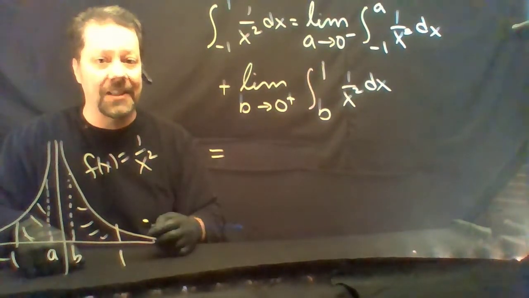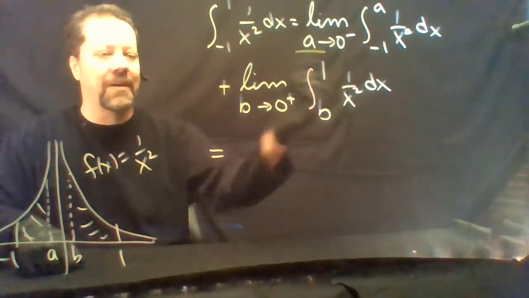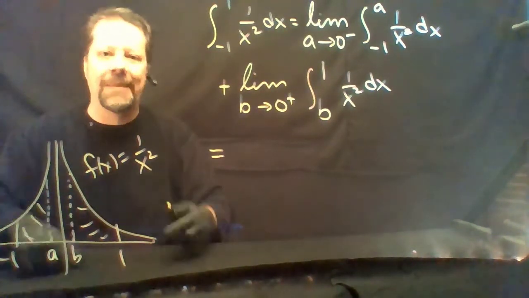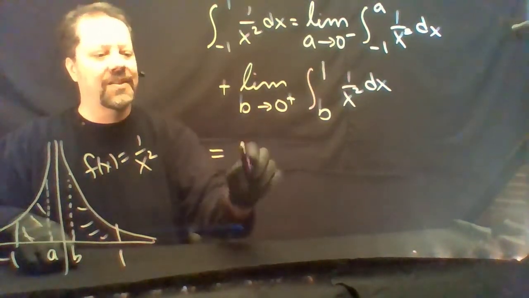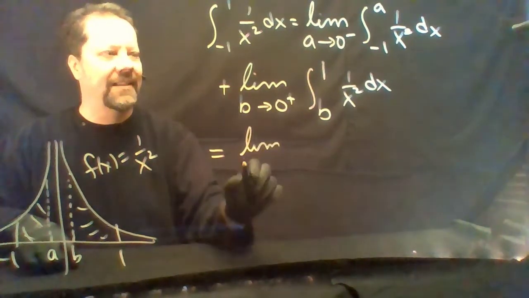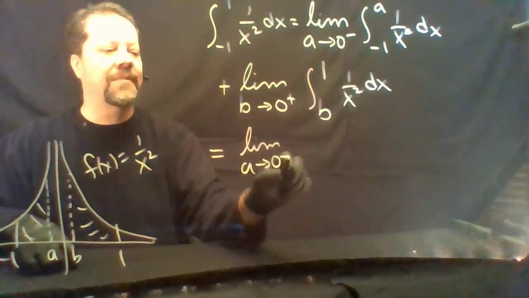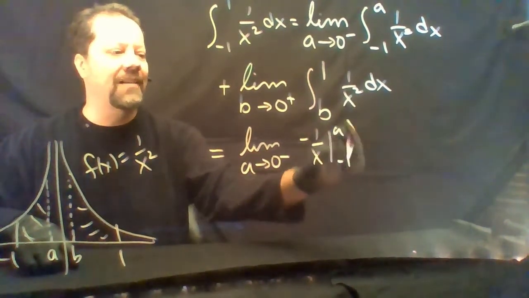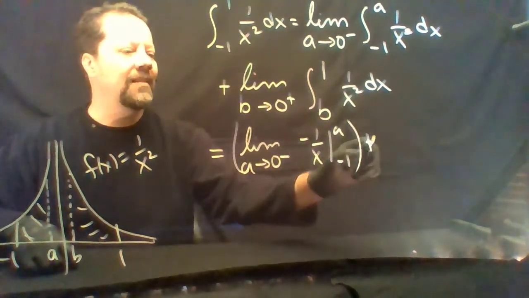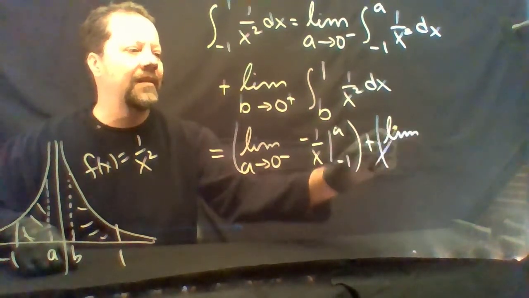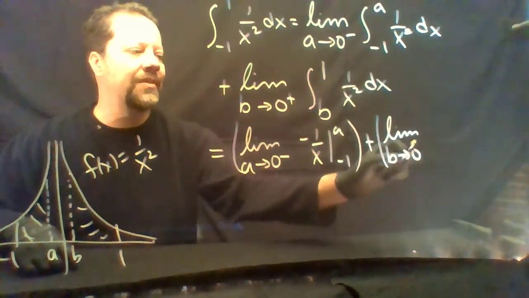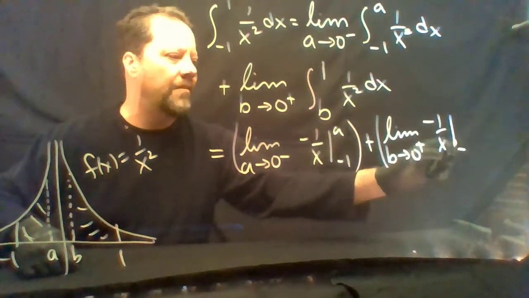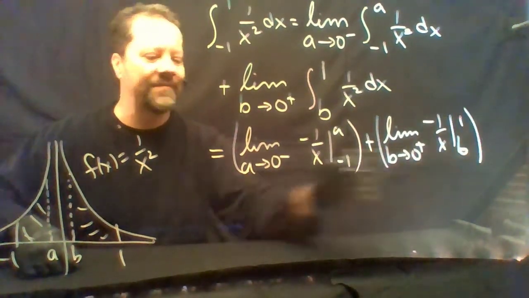This is a legitimate thing to do. The fundamental theorem is fully justified on each of these backed off pieces. So we get the limit as a goes to 0 from the left. We have -1 over x evaluated from -1 to a. And then the limit as b goes to 0 from the right, negative 1 over x evaluated from b to 1.